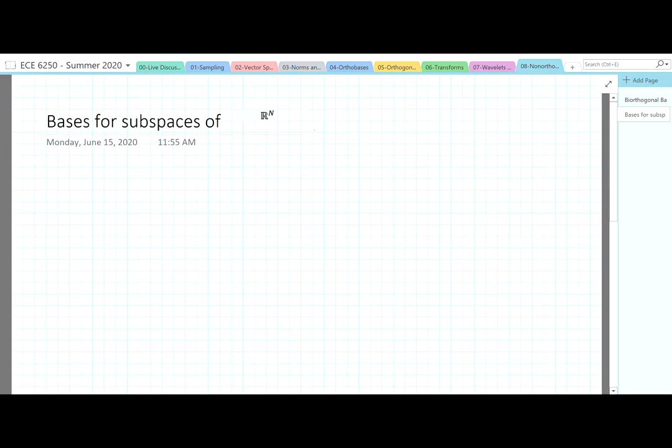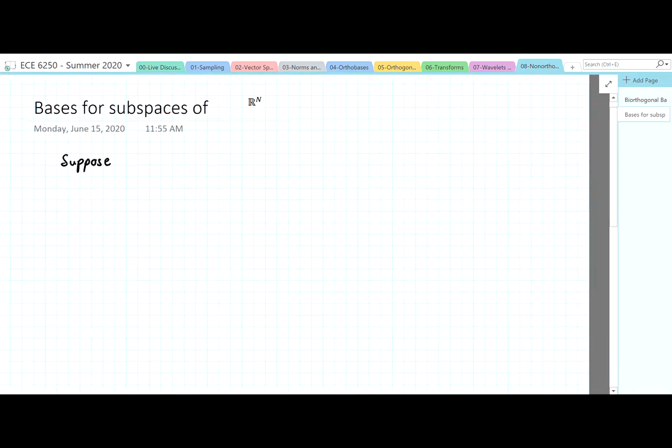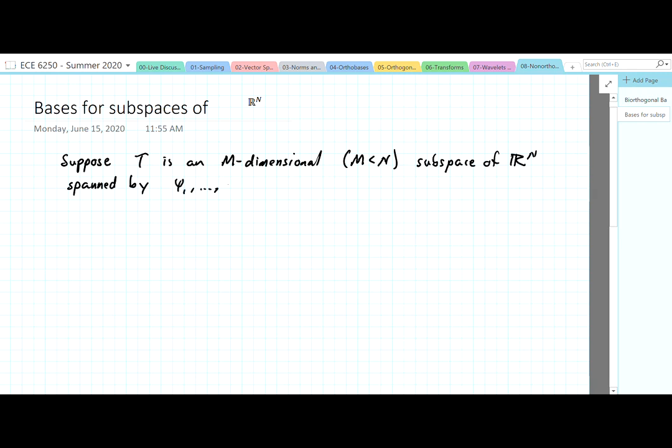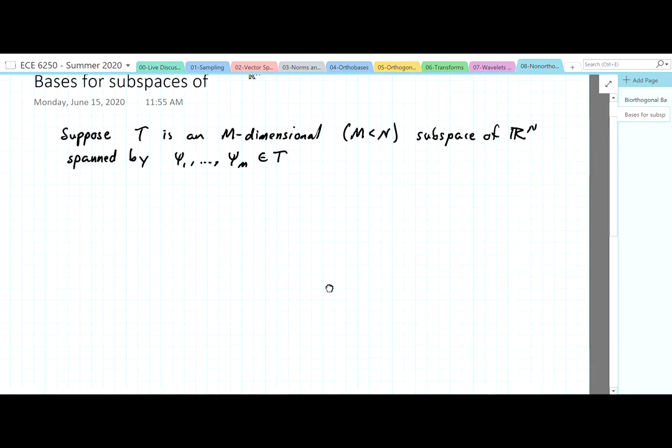Suppose we have T, an m-dimensional subspace of Rn, where m is less than n, and we have a basis for that set, the elements of T. So this is very similar to, but slightly different from what we had before.